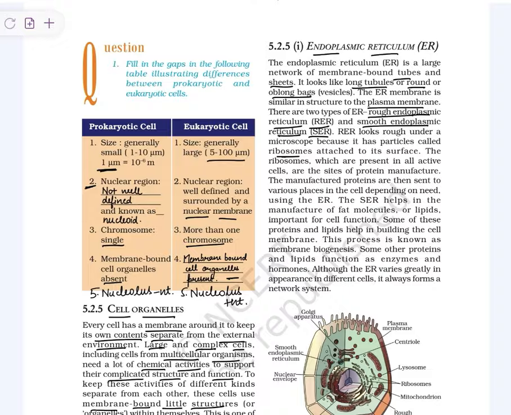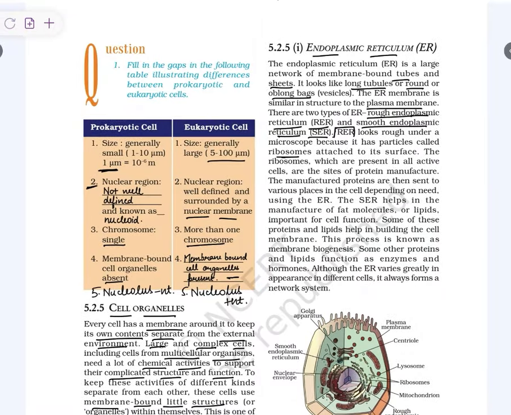Therefore, we can say that rough endoplasmic reticulum helps in formation of proteins. It plays a crucial role in protein formation. The manufactured proteins are then sent to various places according to need.